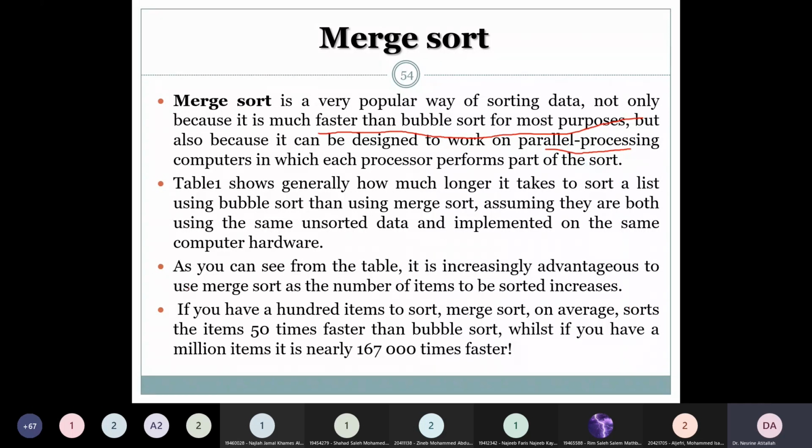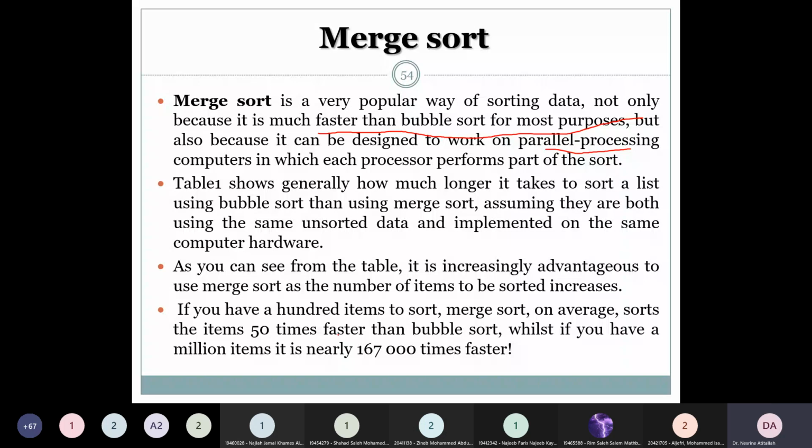If you have 100 items to sort, merge sort on average sorts the items 50 times faster than the bubble sort. Whilst if you have 1,000,000 items, it is nearly 164,000 times faster. So you see how fast it is. Why?